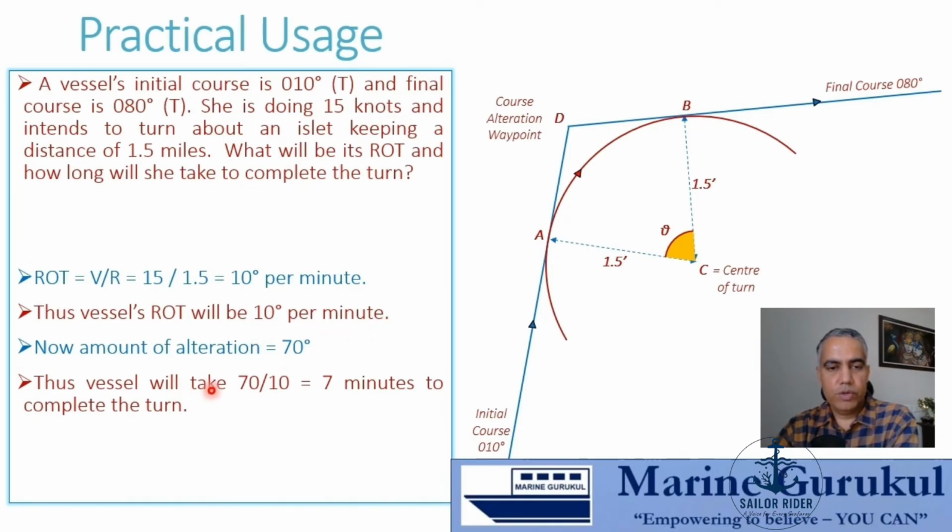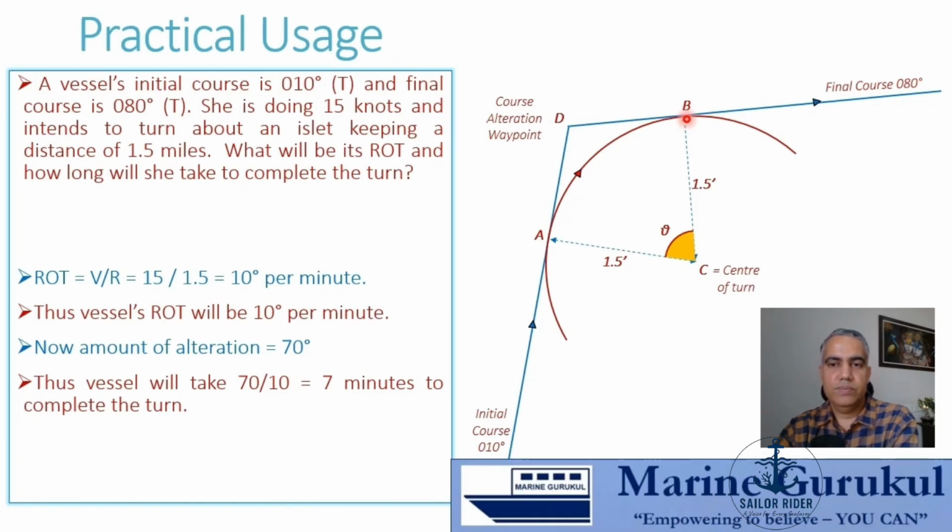So the total time which the vessel is going to take is 70 degrees divided by the rate, which is 10 degrees per minute, and it comes to 7 minutes. So from point Alpha, when it starts to move on the curved path, up to point Bravo, when it reaches its final course, the vessel is going to take a total of 7 minutes to complete the turn.